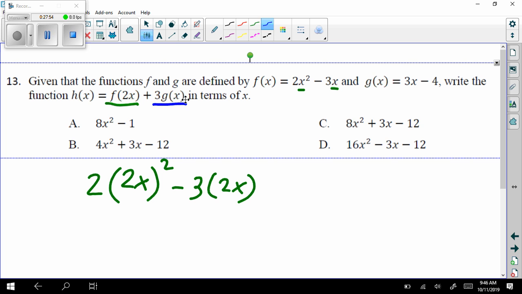And then for g, this is saying you're multiplying 3 times the whole thing, plus 3 times the whole thing, 3x minus 4.